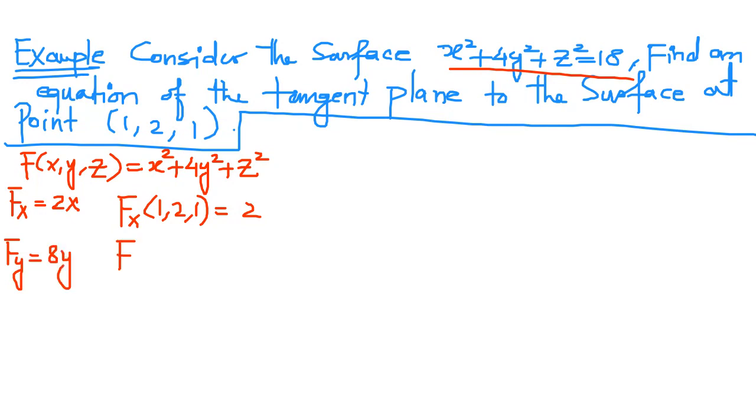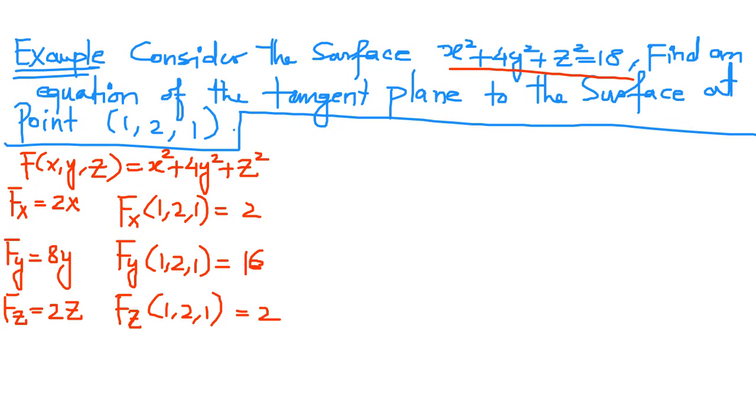And what is the partial derivative at that point? That is equal to 8 multiplied by 2, that is equal to 16. Similarly, the partial derivative with respect to z is equal to 2z, and at the point 1, 2 and 1, that is equal to 2.